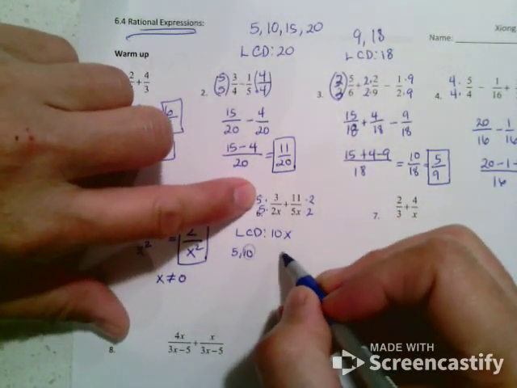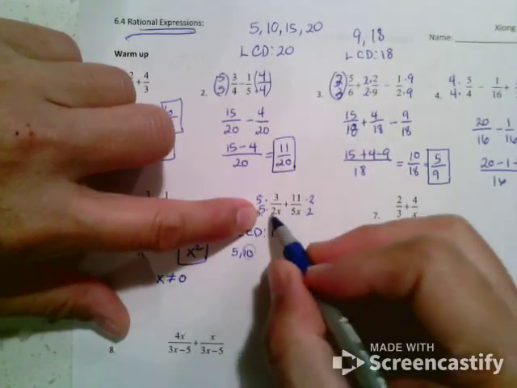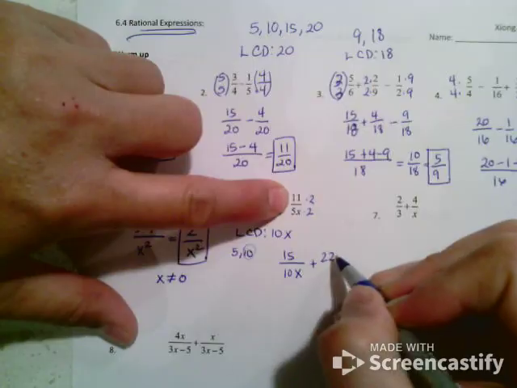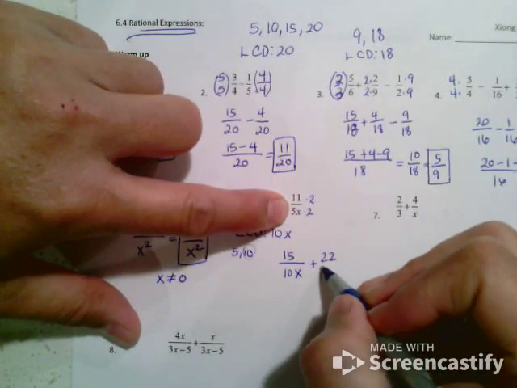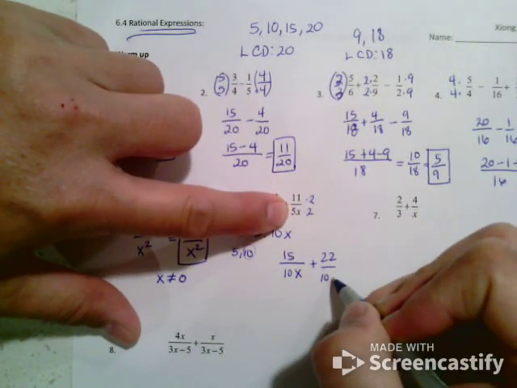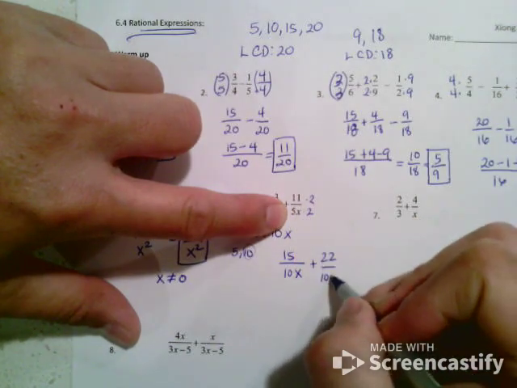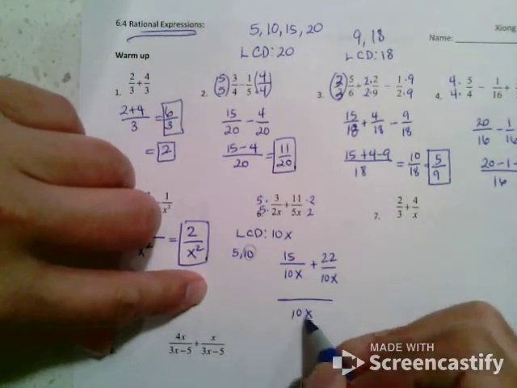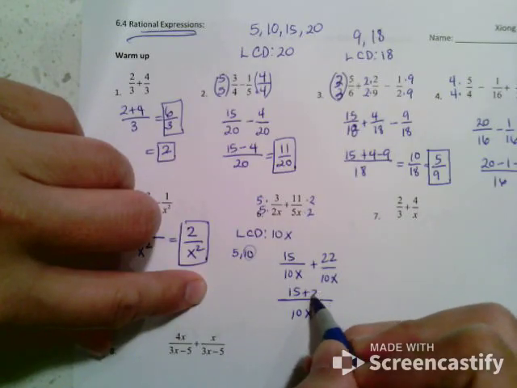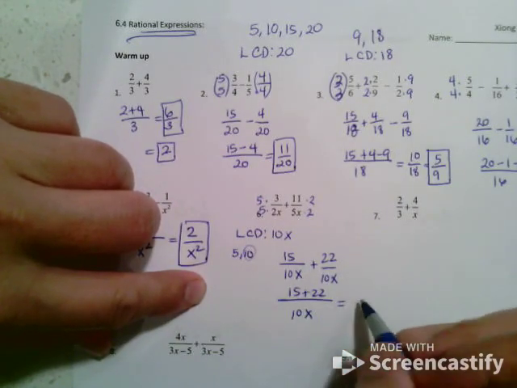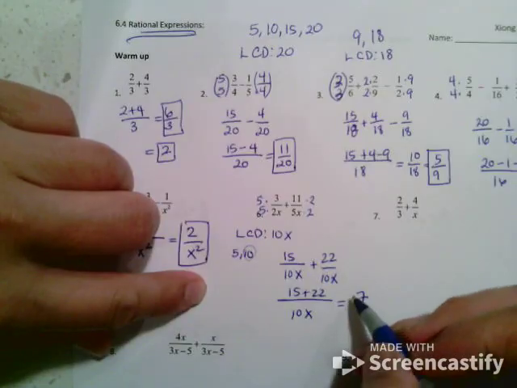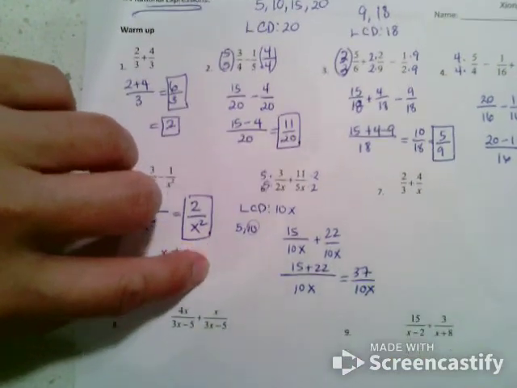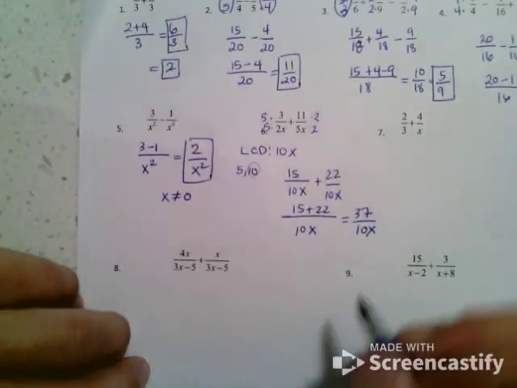So 5 times 3, 5 times 2x, 2 times 11, 10 times, 2 times 5 is 10, and we have an x. So we got a common denominator. We keep that denominator. We're just going to add across. And then that will be our answer right here.